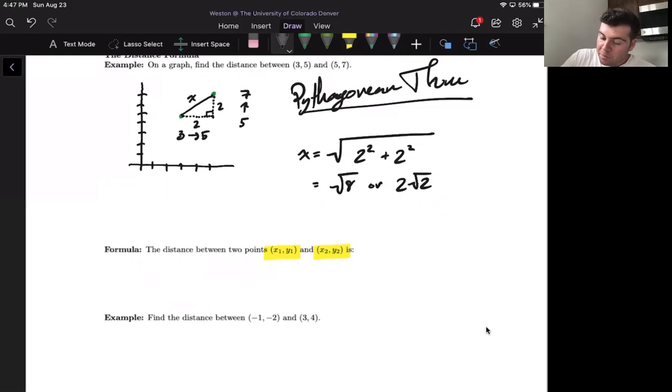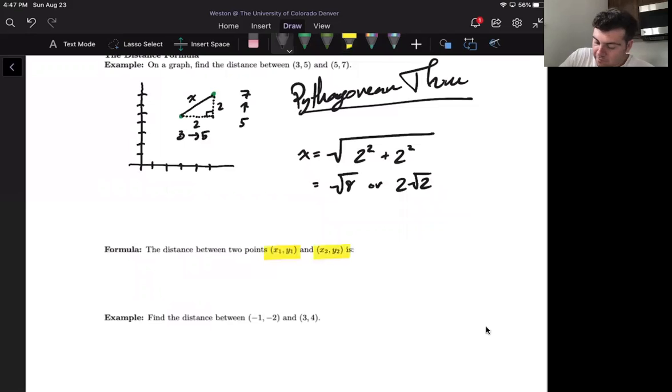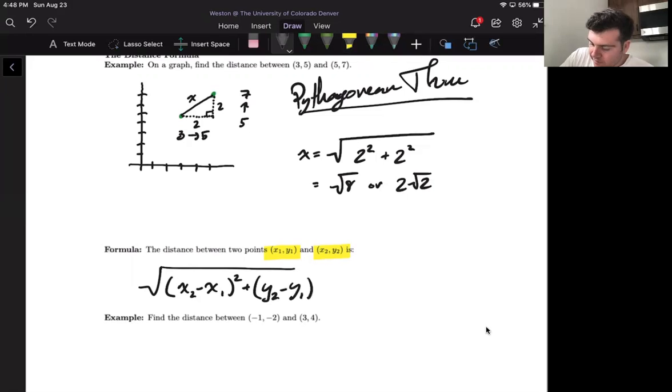And we get back the formula that the distance will be the square root of (x2 minus x1) squared plus (y2 minus y1) squared, square root.